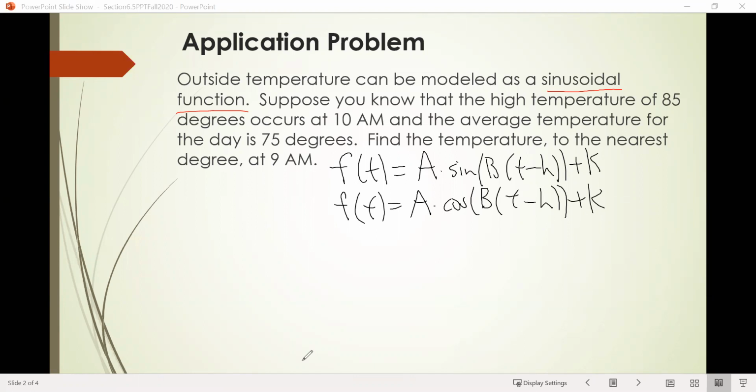Also, generally when we're working on these types of problems, the value for t will be time, and it's usually time after some point. Generally we'll use this as time after midnight.